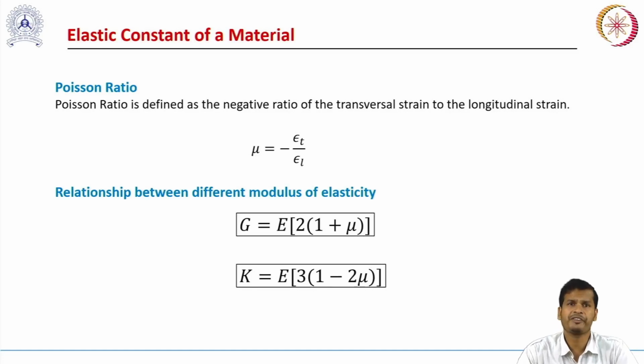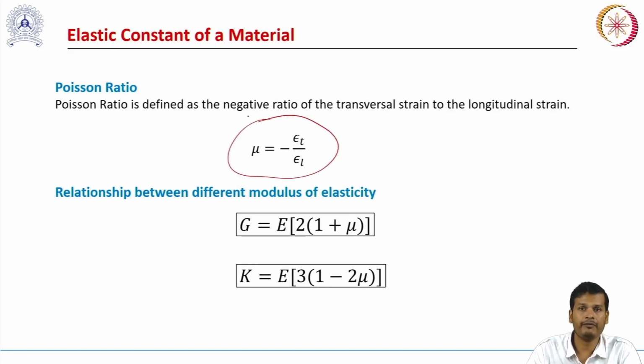Now, what is Poisson ratio? A Poisson ratio is defined as the negative ratio of the transverse strain to the longitudinal strain. It is simply defined as mu equal to minus epsilon T divided by epsilon L. This way these two strains are related with the help of Poisson ratio.